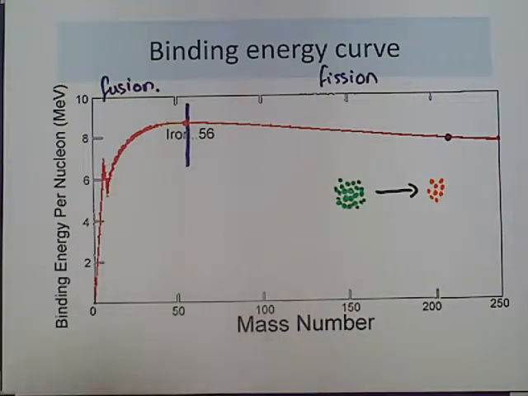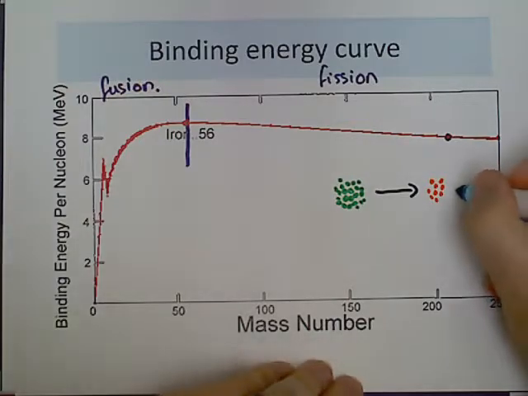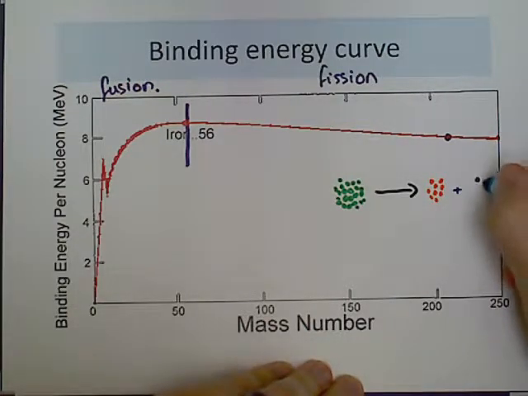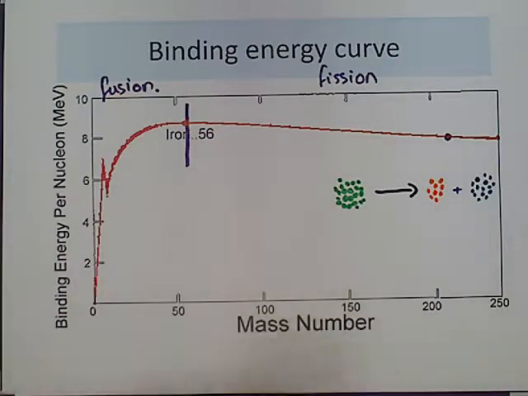But in total, we'll generally have approximately the same number of nucleons. Most of the time in fission, you do get quite a few neutrons released off on their own. But in this case, we won't worry about that too much just now, because a neutron on its own does not have a binding energy because it's not bound to anything. So it makes sense that we can just forget about the neutron at this moment in time.